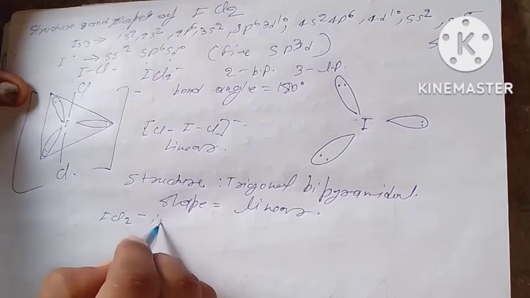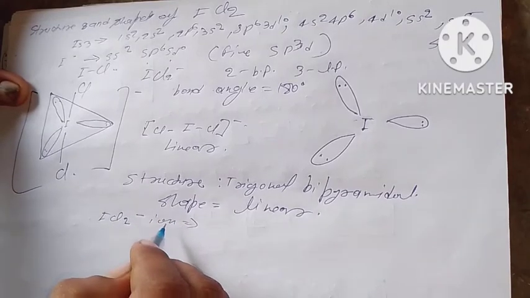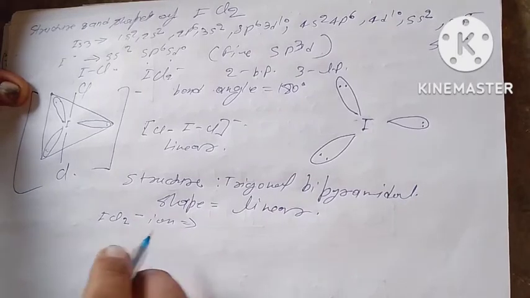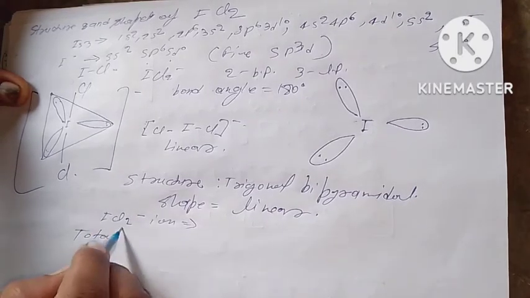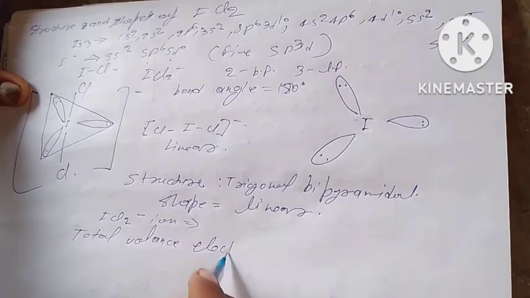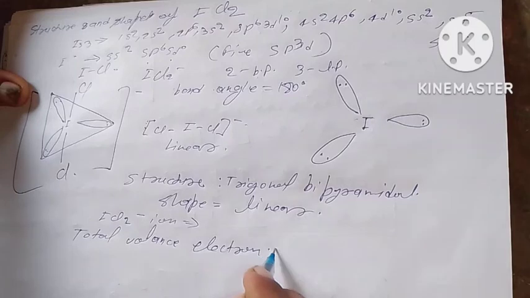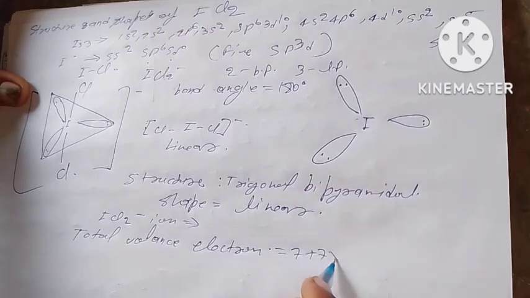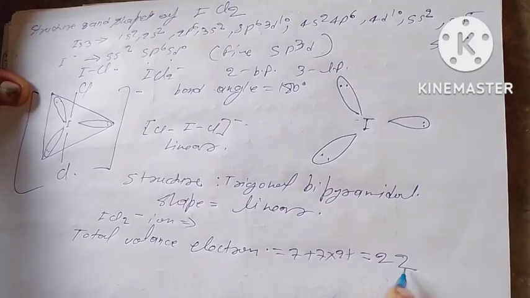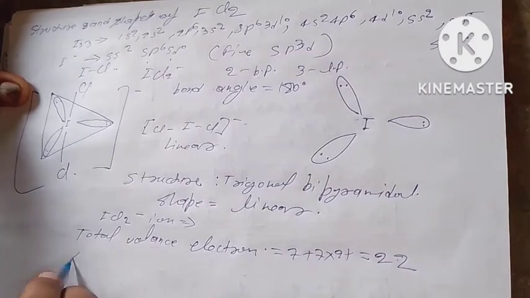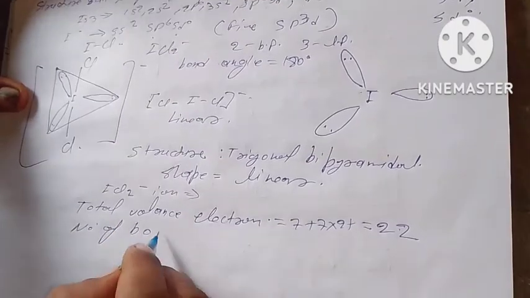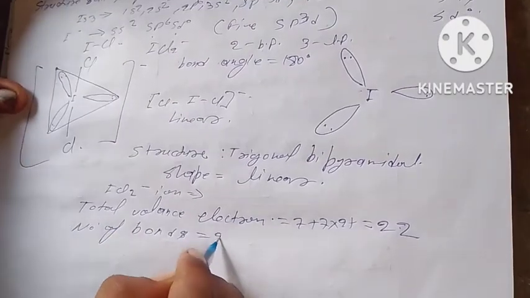The structure of the ICl2 ion is also determined as follows. Total valence electrons are 7 plus 7 multiplied by 2 plus 1, equal to 22. Number of bonds is 2.